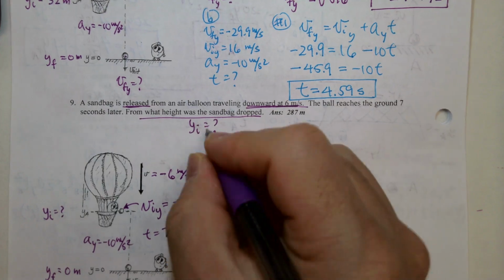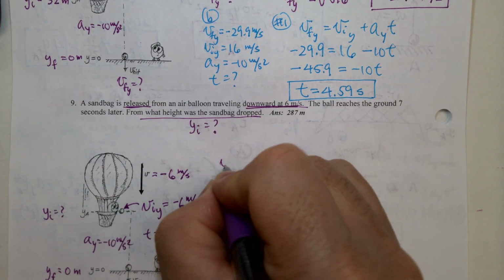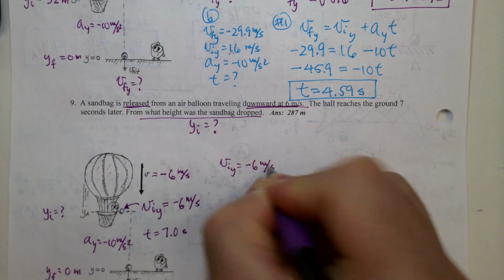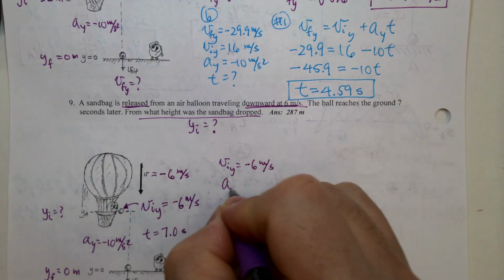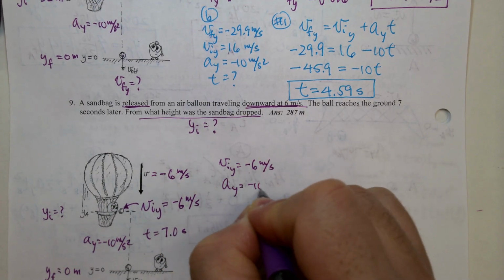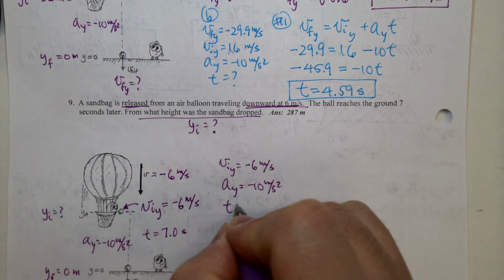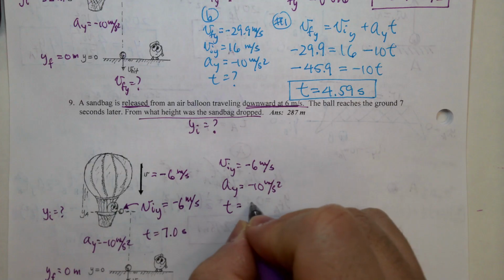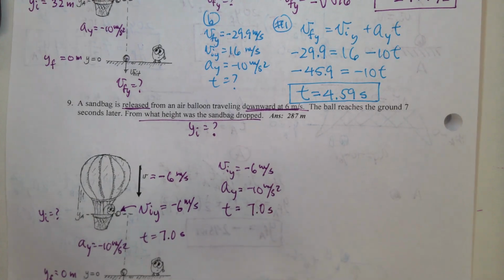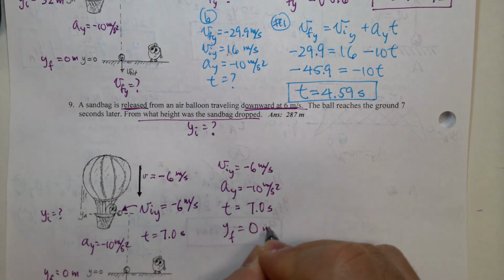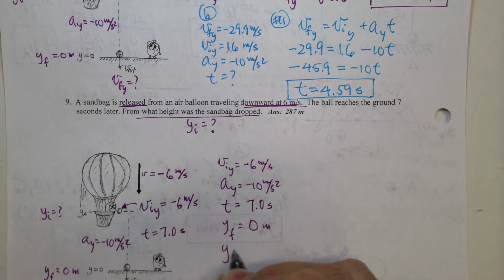So if we write down everything we know, we'll start with VIY being negative 6 meters per second. We know a sub y is equal to negative 10 meters per second squared, time is equal to 7 seconds, and y final is equal to 0 meters. We're looking for y initial.